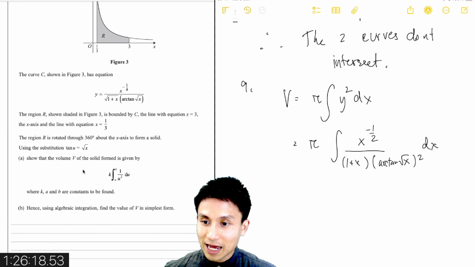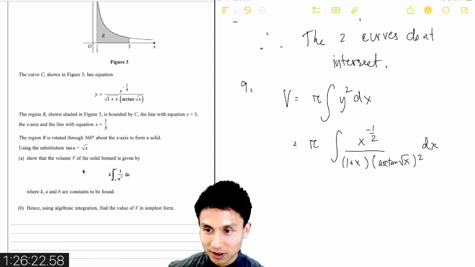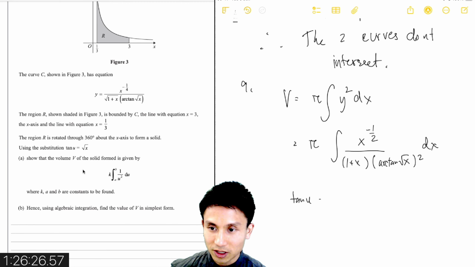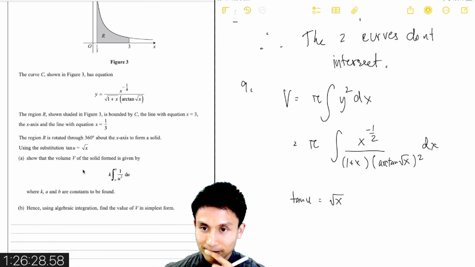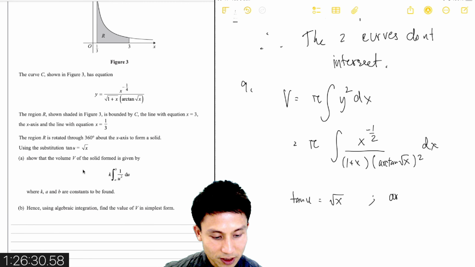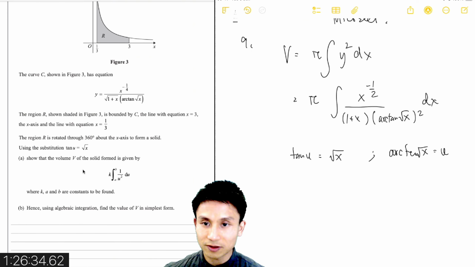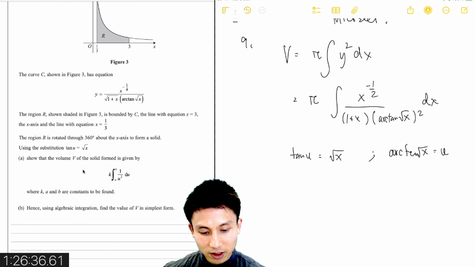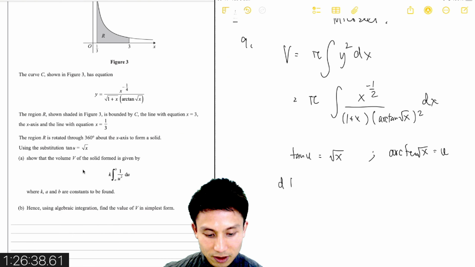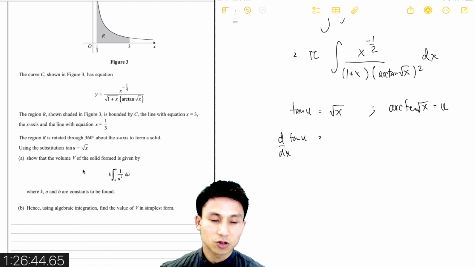We're going to use tan u as square root x. So tan u equals square root x. That means arctan square root x equals u, right? So that's the substitution. So we're going to do d tan u by dx.